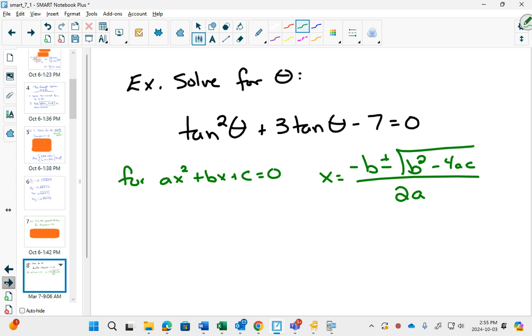And if you don't have it memorized yet, start memorizing it, because you don't get a formula sheet in AP Calculus next year, or currently. You don't get a formula sheet in AP Calculus. So you have to know formulas like this.